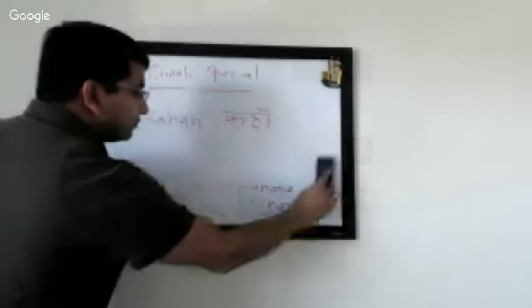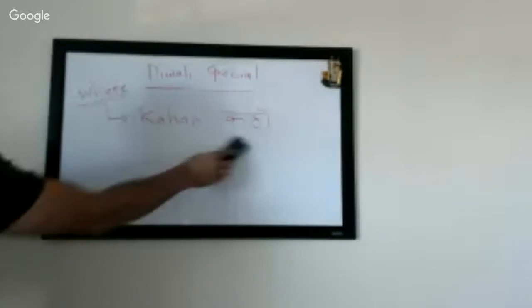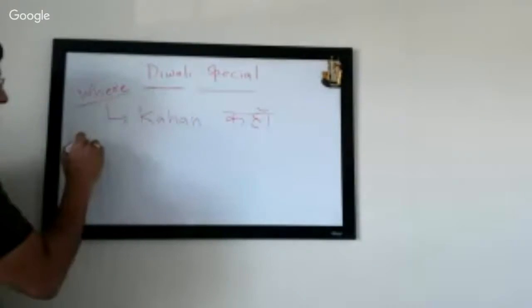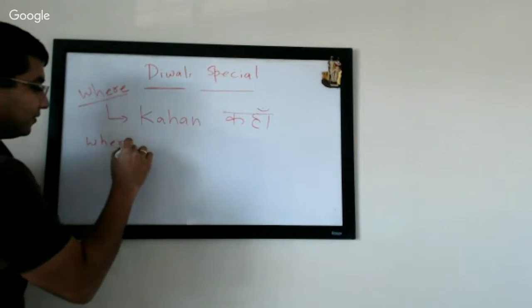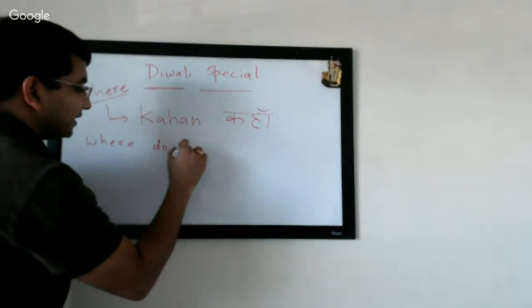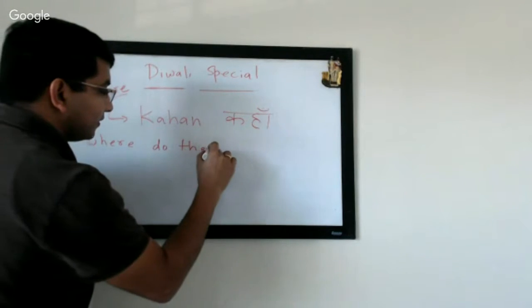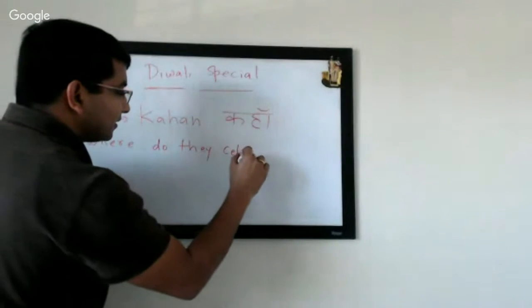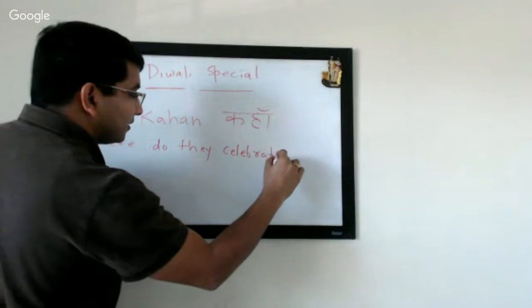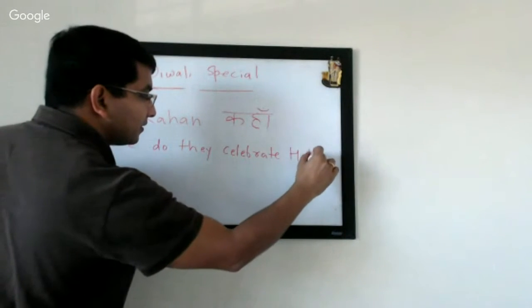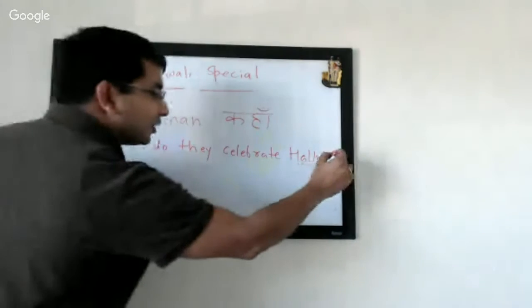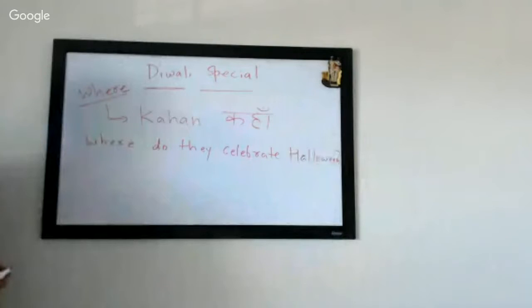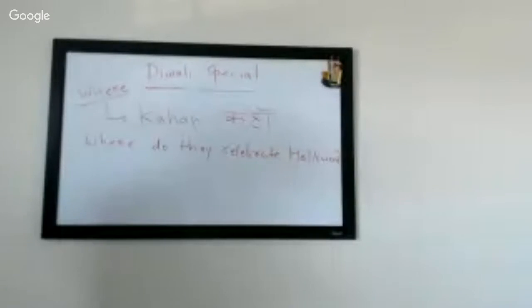Same thing if you were to ask, let's say, Halloween, where do they celebrate Halloween? It's simple, but I'm still going to quiz you. Why don't you just write it down? How do you say that in Hindi?